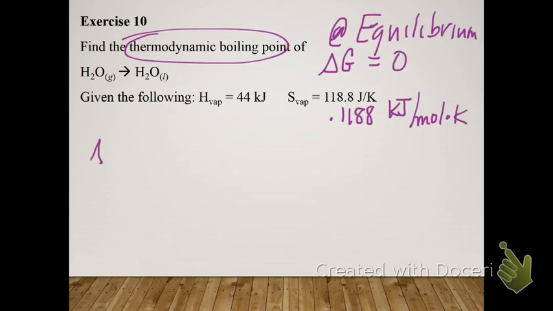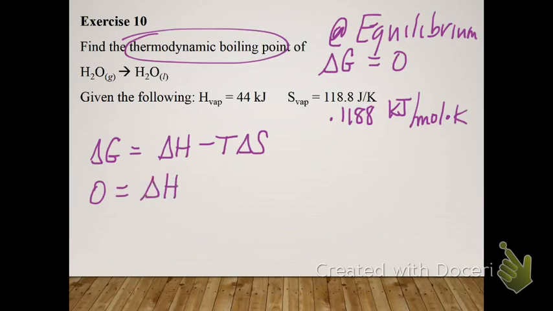So if I take this equation and set 0 equal to delta H minus T delta S, then I can rearrange it and get that the thermodynamic temperature, or the equilibrium temperature, is T equals delta H over delta S. That is an important concept.